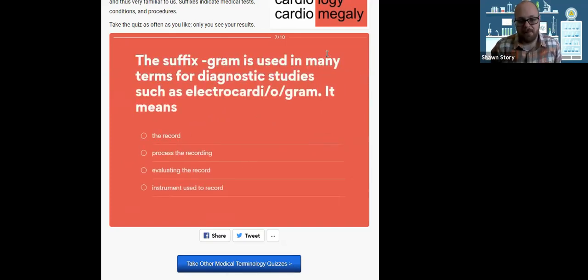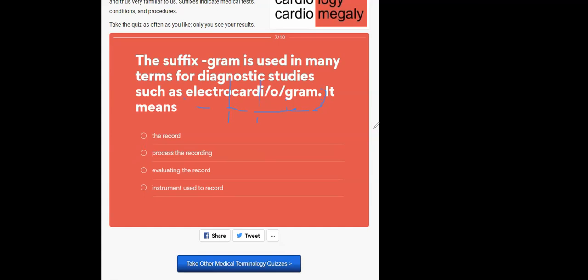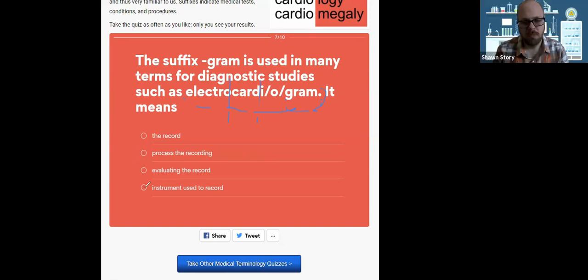The suffix gram. What do we got? Electrocardiogram. Would that be instrument used to record or process the recording?